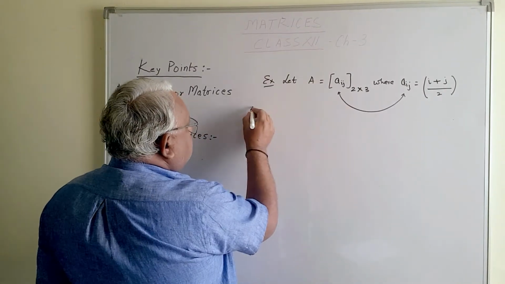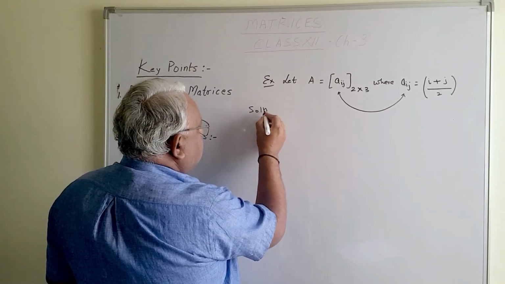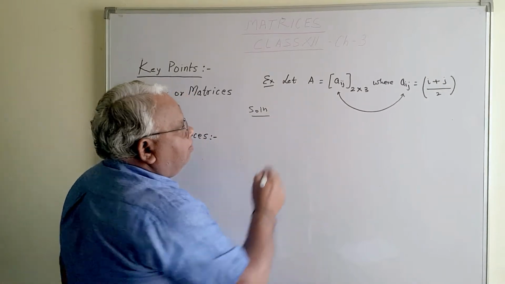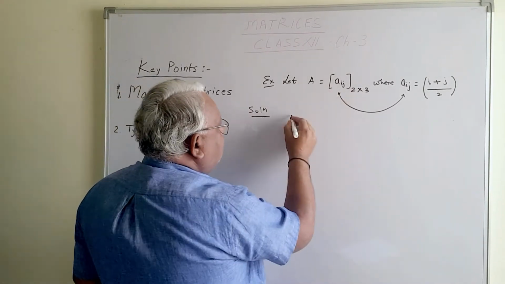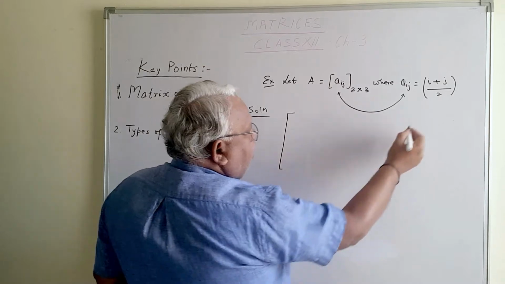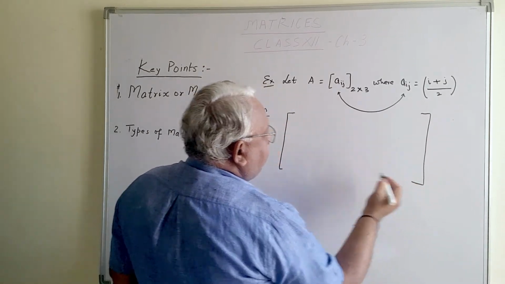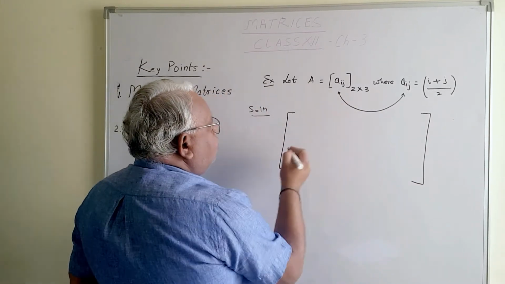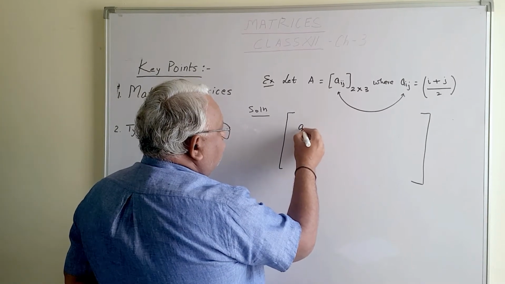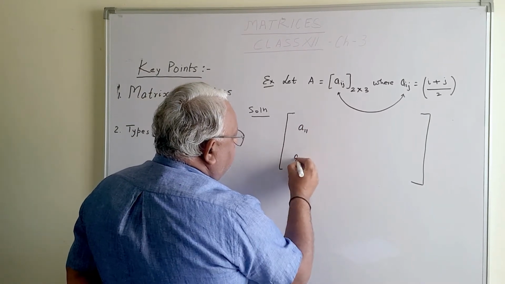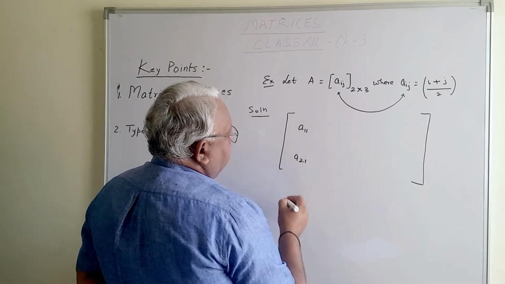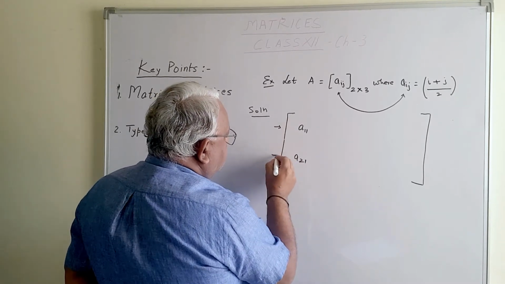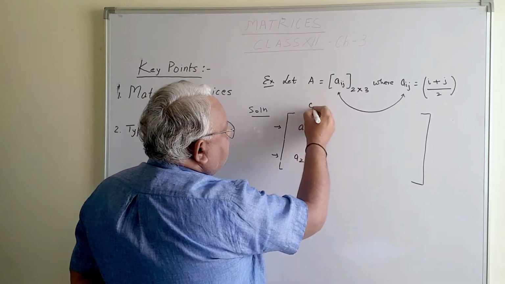How do I start solving this? My matrix is of order 2 cross 3. So I explain it in this form. How many rows are there? There are 2 rows, A11, A21. So there are 2 rows and there are 3 columns.